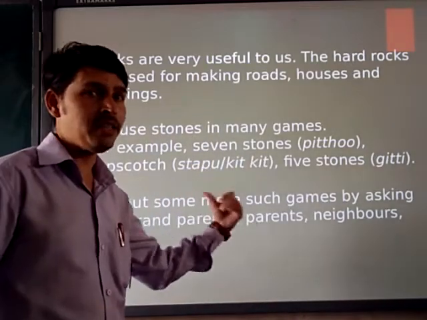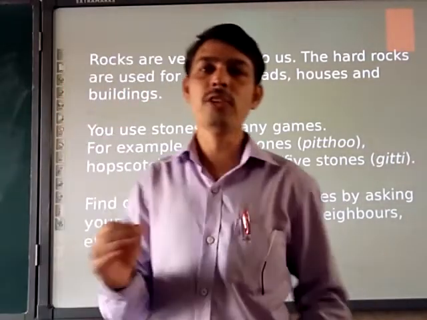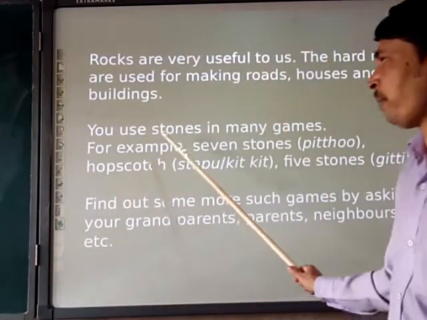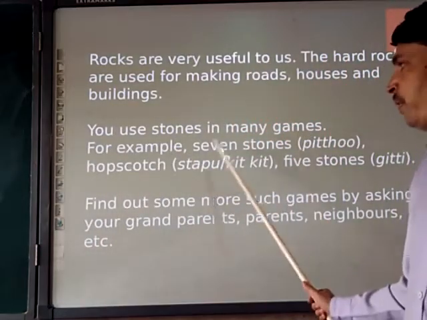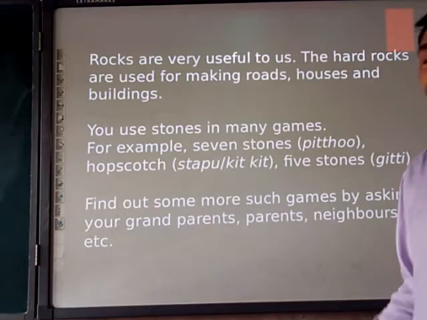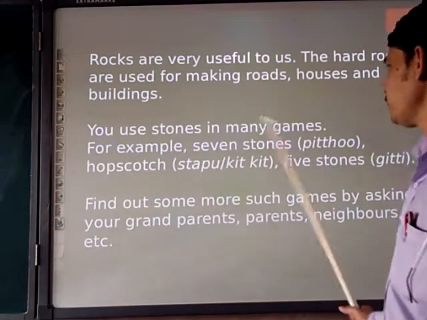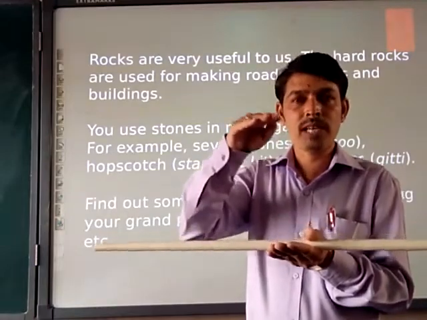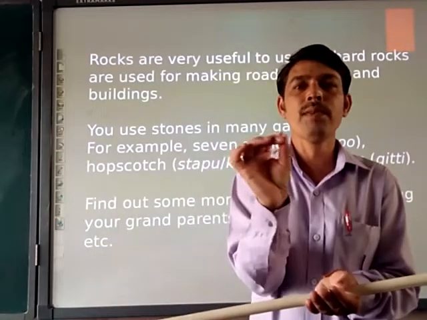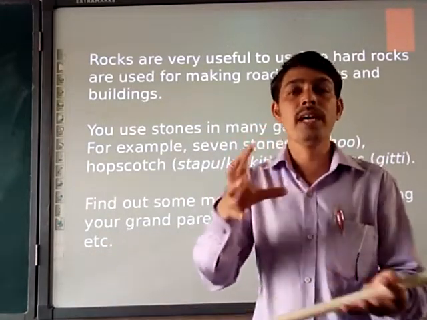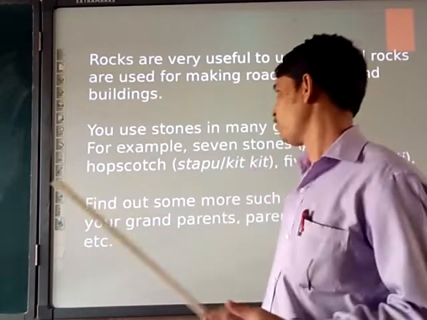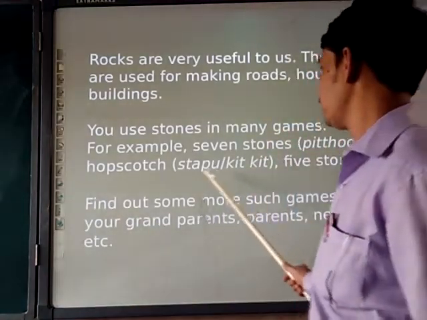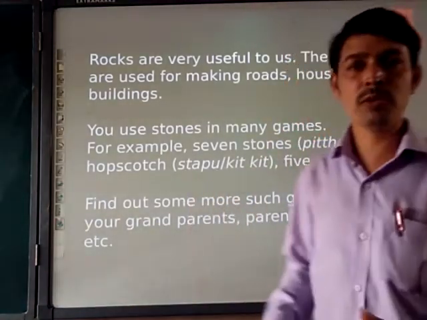So here it's a very interesting topic. You love that topic because we are playing n number of games with this type of stones. First we have the 7 stones which we call pitu. We keep 1, 2, 3, 4, 5, 6, 7 stones and hit them with a ball, and that game is known as pitu. Then the stapu game, you know about that.